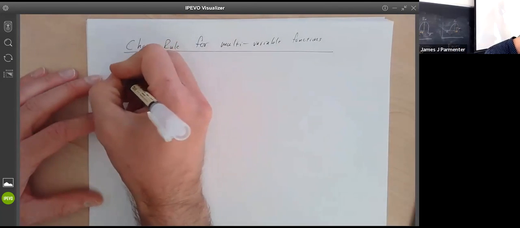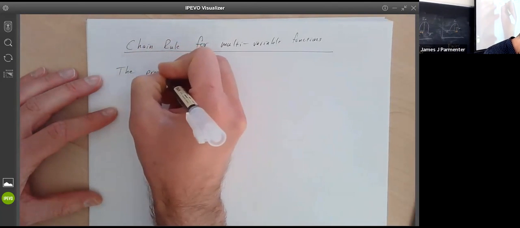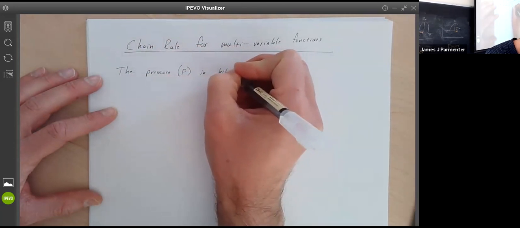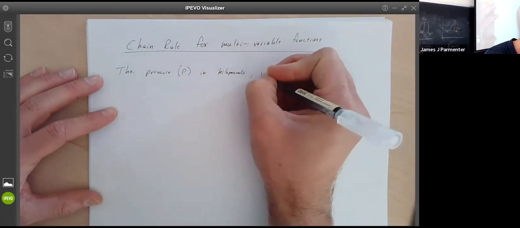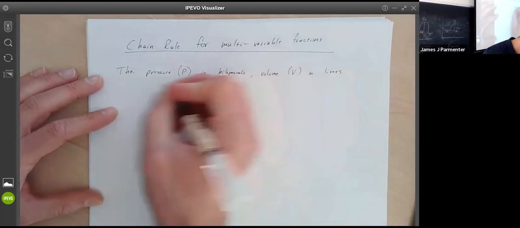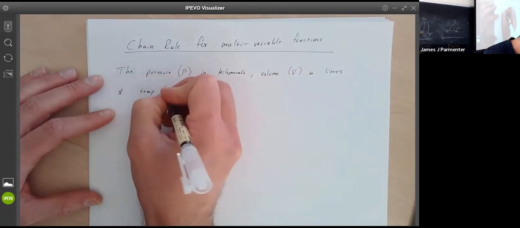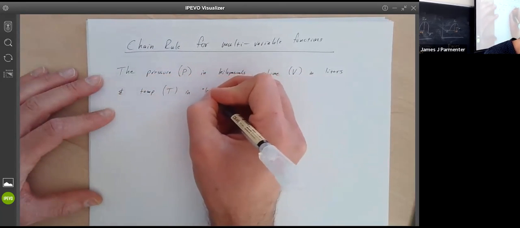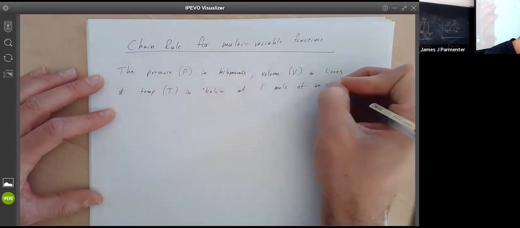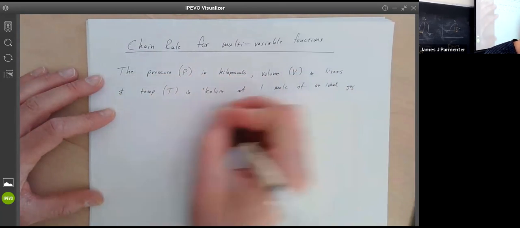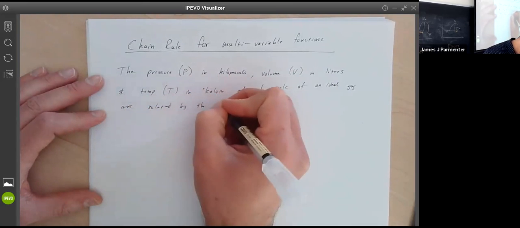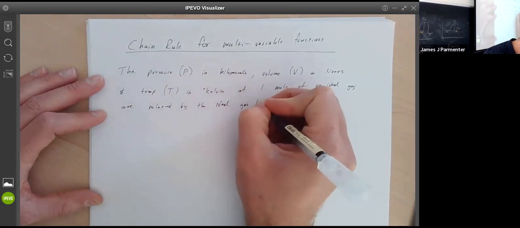The pressure, which we'll denote by capital P, in kilopascals, everyone's favorite unit of measurement, the volume, V, in liters, and the temperature in degrees Kelvin of 1 mole of an ideal gas are related by the ideal gas law, which you may or may not already be aware of.